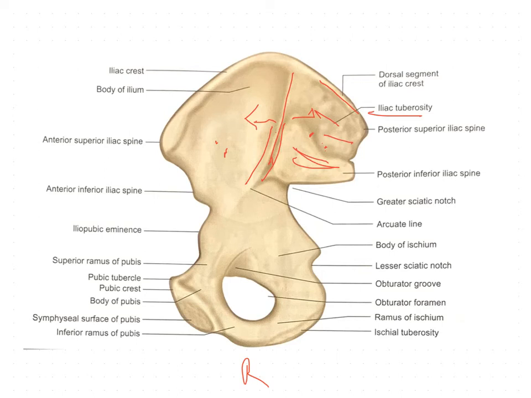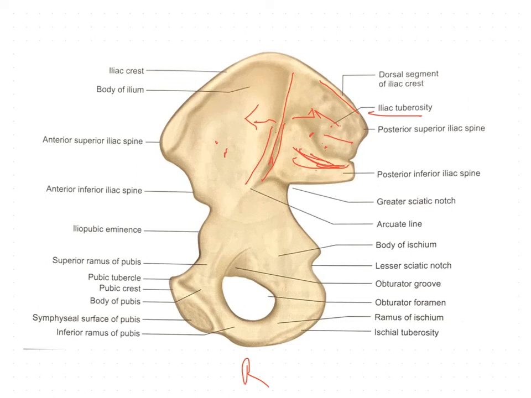The auricular surface is articular but pitted. It lies anterior and inferior to the iliac tuberosity. It articulates with the sacrum to form the sacroiliac joint.